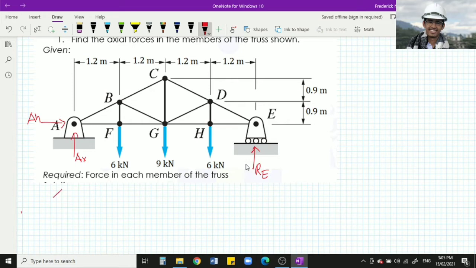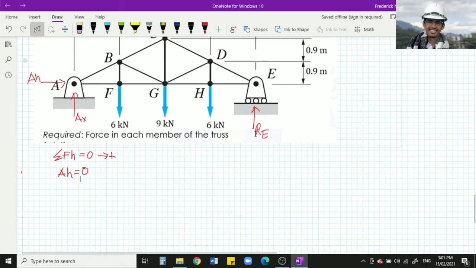Okay? So, let us compute para dun sa reaction ng ating trusses. So, summation of forces horizontal is equal to 0. Going to the right is positive. So, that will be AH. Kung makikita nyo, yung given loads natin ay walang horizontal forces. So, automatic maging 0 yung ating A horizontal. Okay?